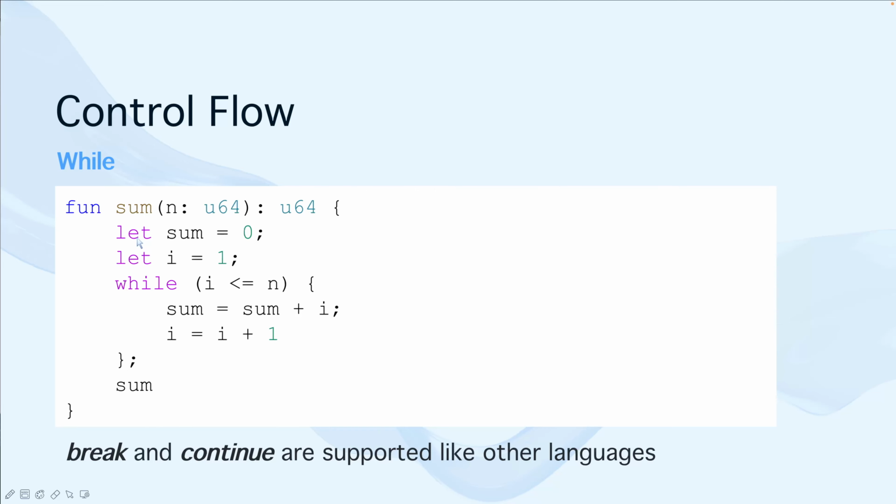And n is passed in as the parameter here. So basically, this function just adds up all the numbers from 1 to n and prints out the sum. The loop expression repeats the loop body until it hits a break. So without the break, the loop will continue forever, and you should notice that.